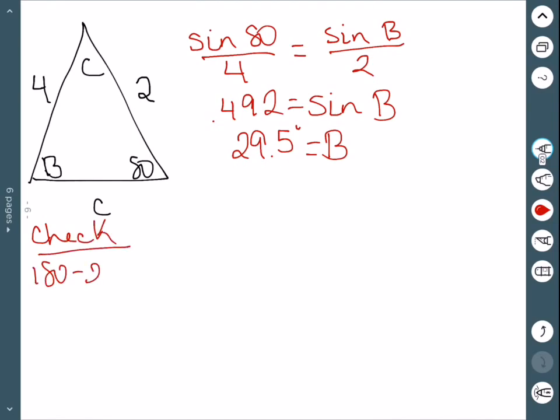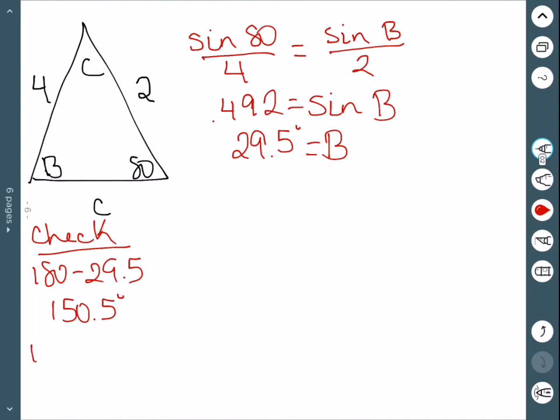Essentially, if I do 180 minus 29.5, in this case, we get 150.5. So there is also the inverse sine of 0.492. It also gives us an angle of 150.5.